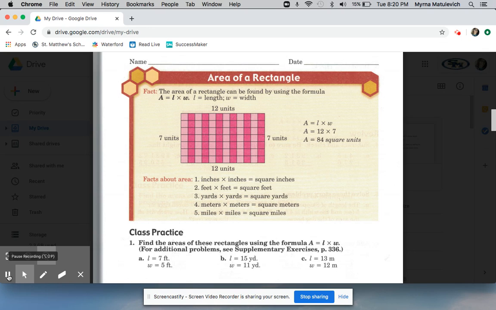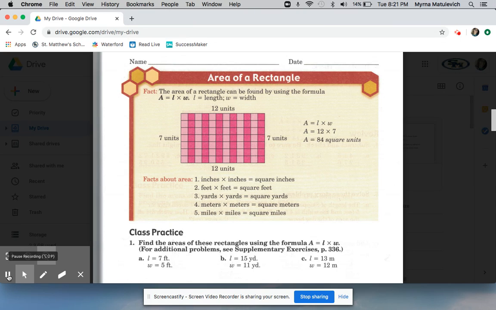And your square units will be in some kind of linear measurement, like inches or feet or yards. But since it's square inches or square feet, it's because you are multiplying the length in inches or the length in feet times the width in inches or the width in feet.